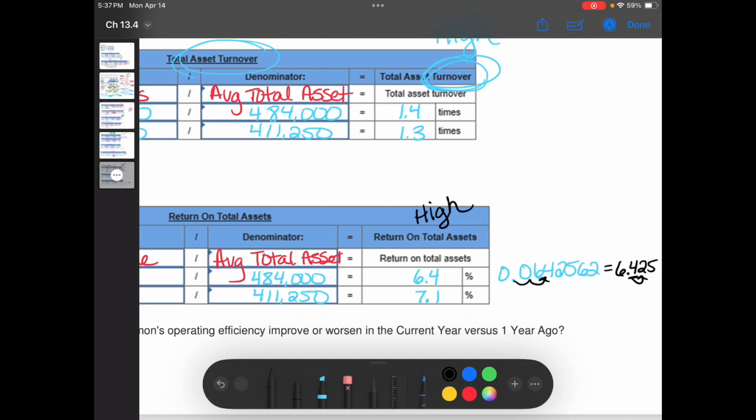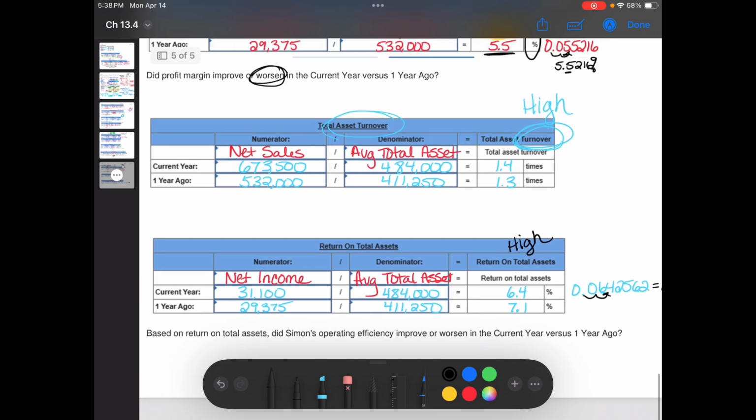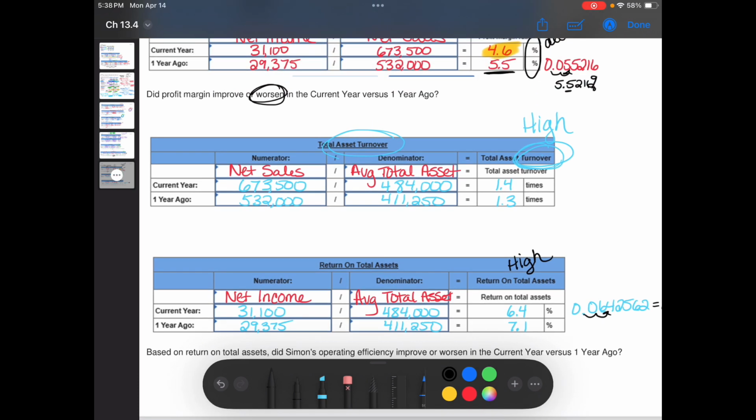Oh, we've done that one. This one, we're not going to expect a high percent here. It's just like your net income amount is always going to be lower, right? But going into business, there's always that risk. But assets are part of business. You need to have them, because they are going to make you money for the most part.